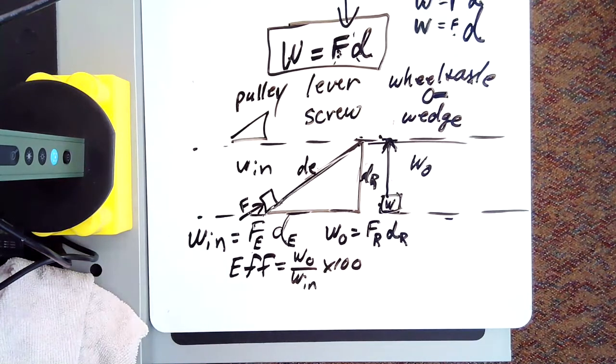Now, here's the part that sometimes I don't think students understand. Efficiencies of machines are always under what number? How efficient can a machine be? Can it be 100% efficient?